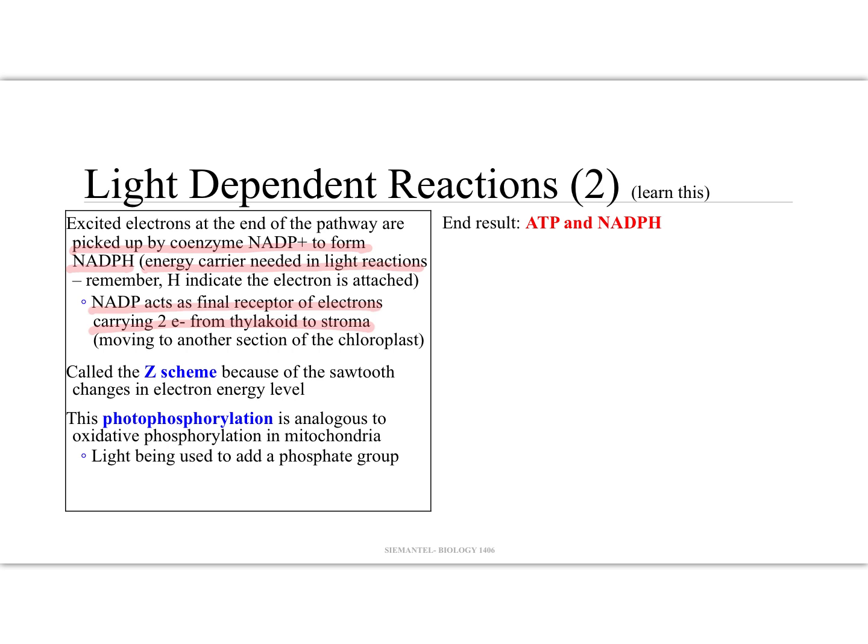Now remember, in oxidative phosphorylation, we're making lots of ATP indirectly. So in photophosphorylation, we are also making lots of ATP indirectly. The end result of the light-dependent reactions are ATP and NADPH.